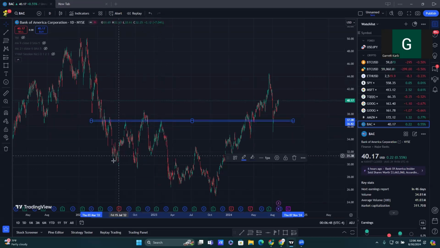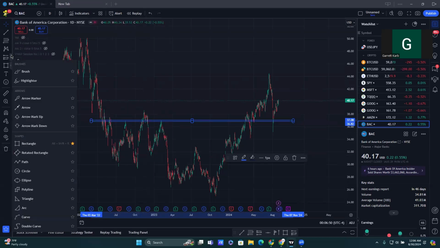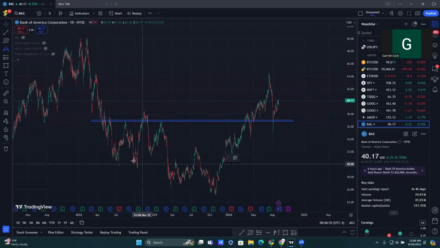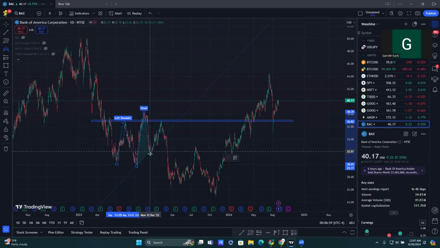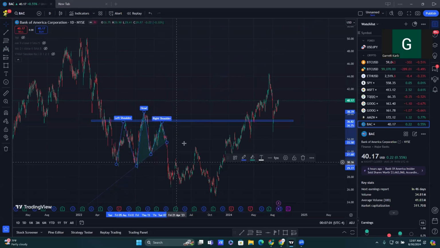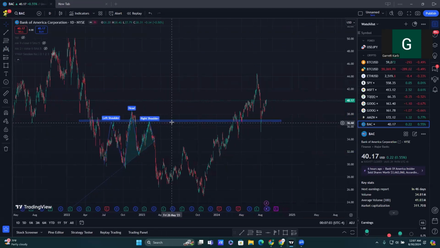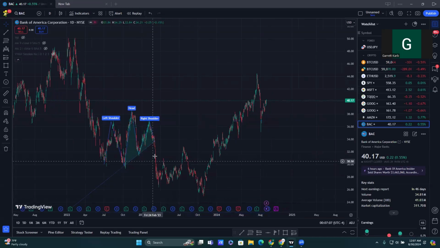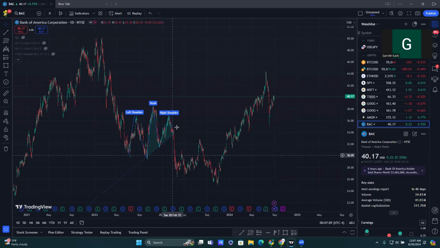So this is Head and Shoulders. That's one of the things you can draw on TradingView. It's probably one of the most famous patterns you may find on the chart. You can actually find that right there. It's fairly easy. That's Head and Shoulders. And for that reason, Head and Shoulders signals a downturn, and it did go down.